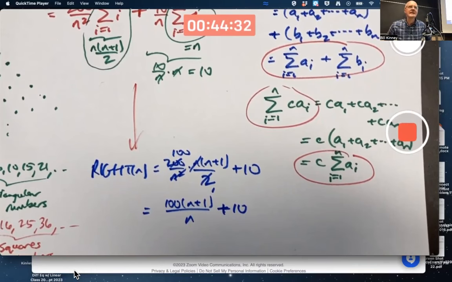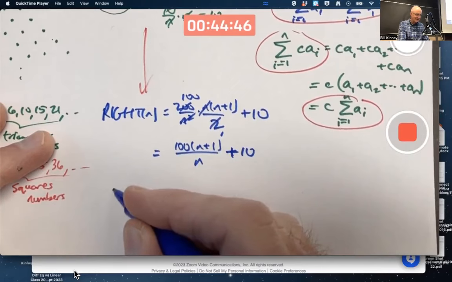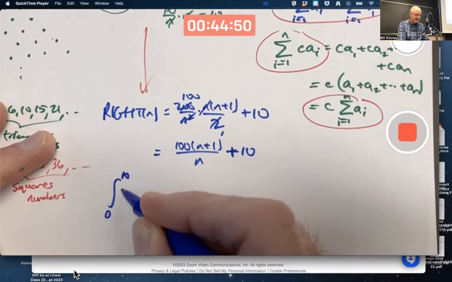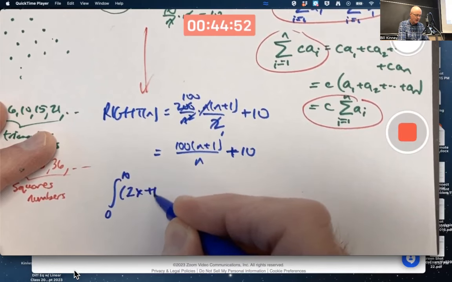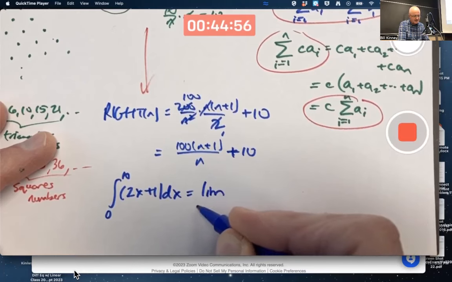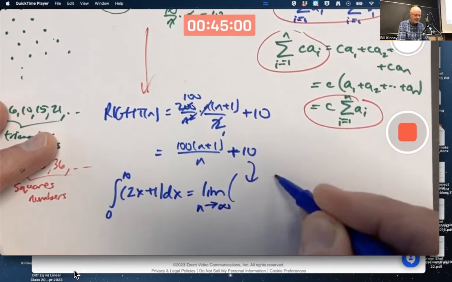What's the limit of this as n goes to infinity? Does it exist? If it does exist, that should be the answer for the area under the curve. The integral from 0 to 10 of 2x plus 1 dx should be, if I have not made a mistake, the limit as n goes to infinity of this thing.